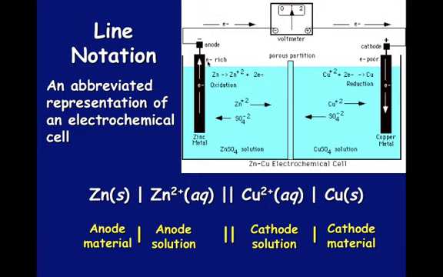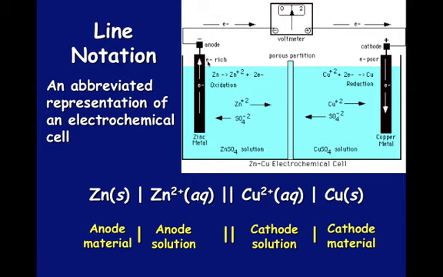Well, looking below at the white letters, before the zinc, there'd be another single line, and before that, you'd put platinum. And after copper, on the right-hand side, another single line, and you'd put platinum. So if you use something other than the material that's being oxidized and reduced, you will usually include that as part of your line notation.